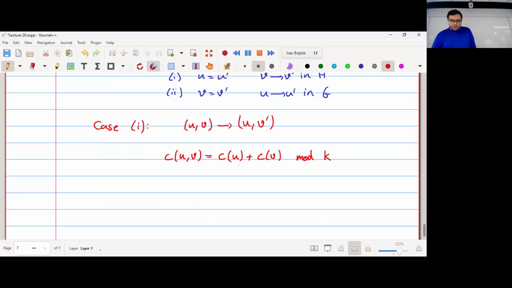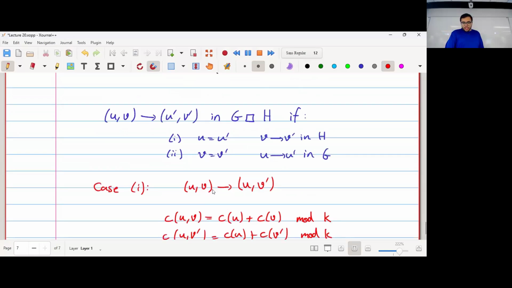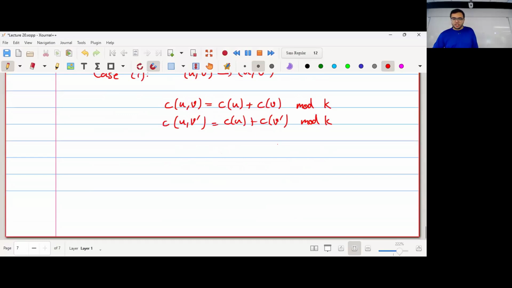Right. What is the color of UV prime? It's the color of U plus the color of V prime modulo k. But what do I know about V and V prime? I know that there was an edge in H from V to V prime. So the color of V was not the same as the color of V prime.